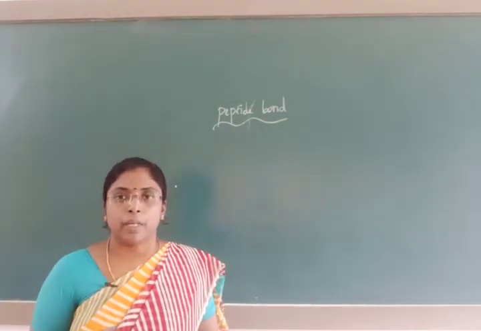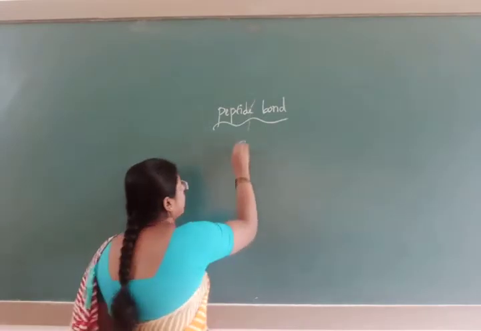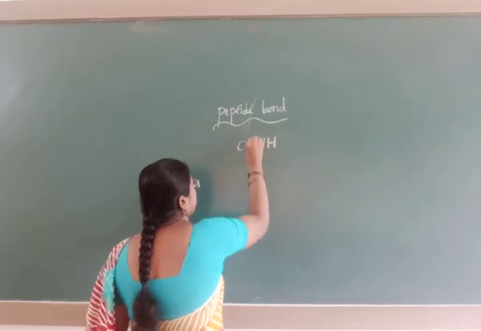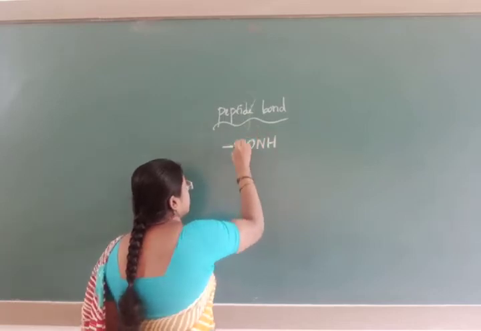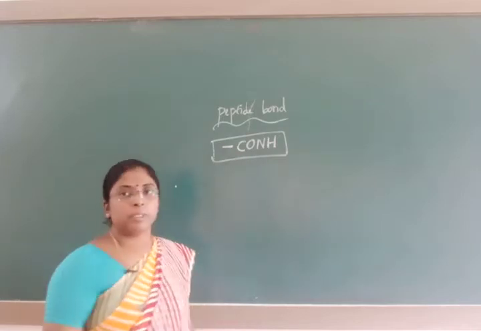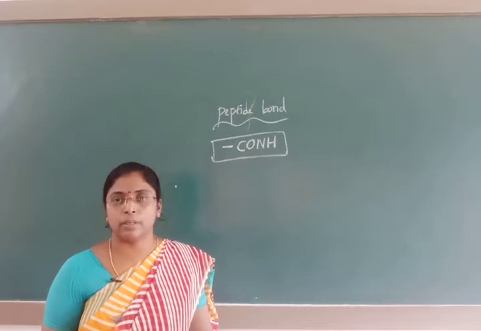Here the peptide bonds are nothing but the amide linkage. The CONH group is known as the amide linkage, and an amide group is formed between the two amino acids.